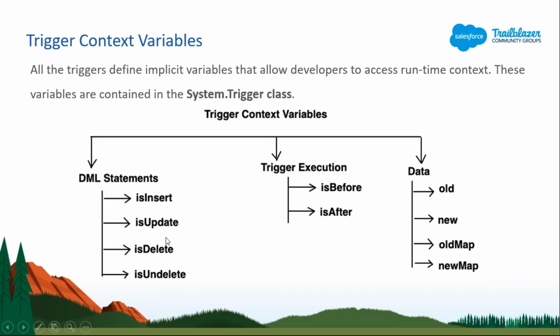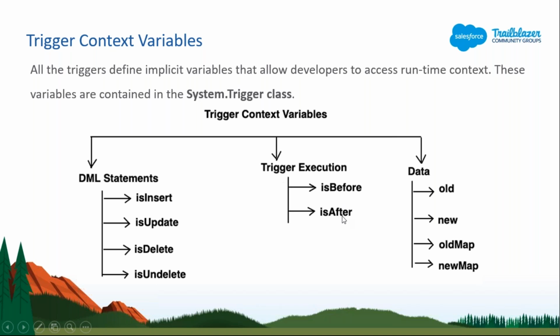Then it will check whether the action which is coming now is an insert or not. Same for the others: it will check for update, delete, and undelete, and for before and after. So if I have created any record, whatever event I have used in our trigger will be checked when we give this action.